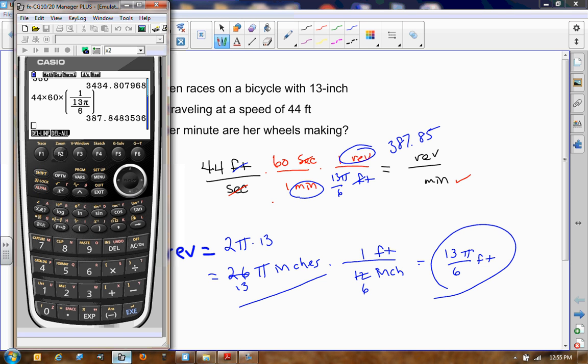All right, so if your calculator doesn't do fancy fractions, let me show you. Let me delete all this. Similar: 44 times 60 times one set of parentheses for the first fraction, 1 divided by parentheses 13 times pi, close that, divided by 6.